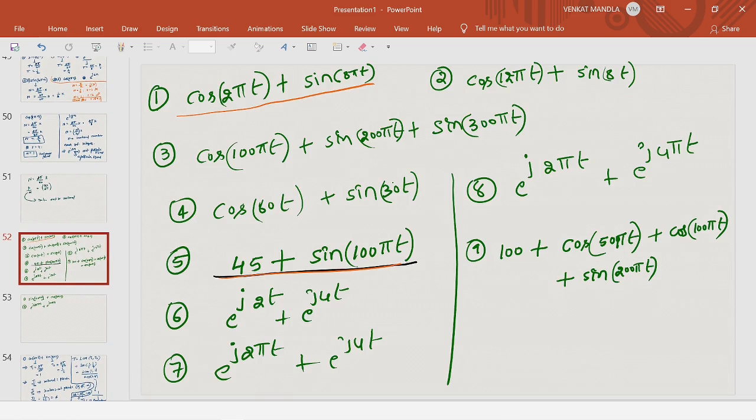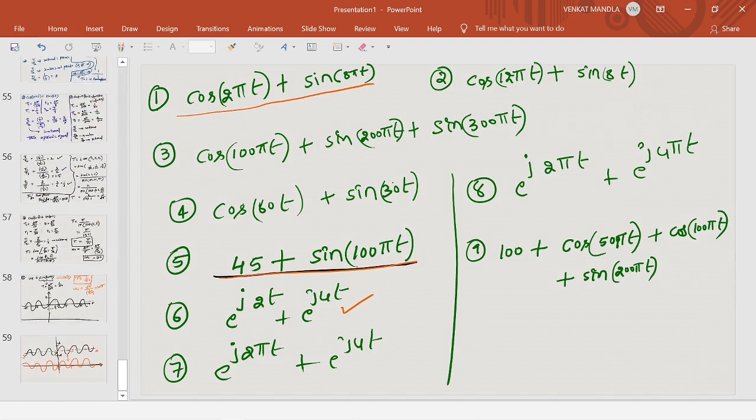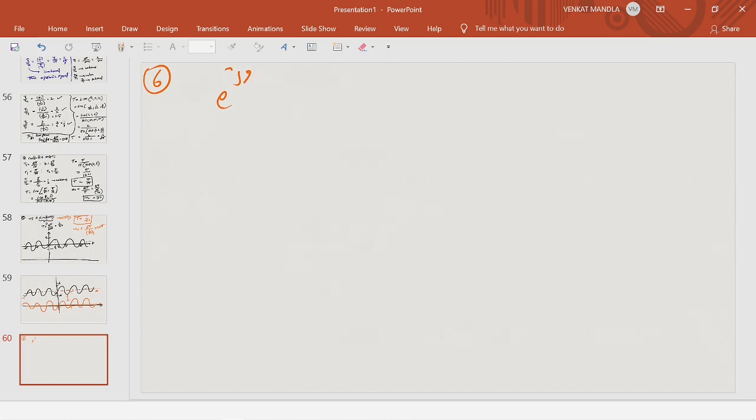So the problem is completed. The sixth problem, e power j 2t plus e power j 4t. For this, T1 is 2 pi by omega naught.